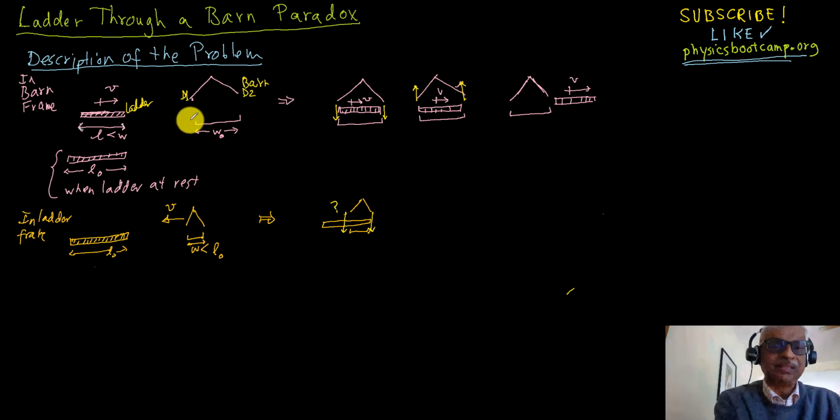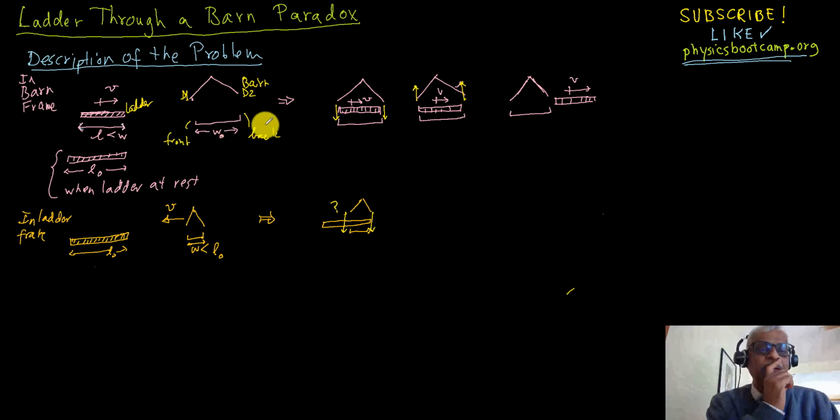This is the front, this is the back door. You might say there is more to the barn, a three-dimensional structure, but this is a cross section.